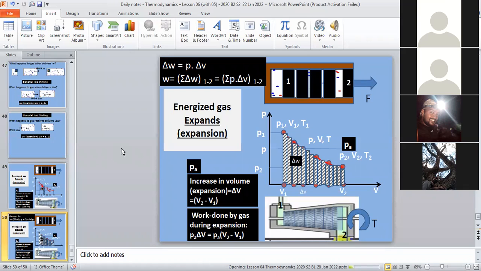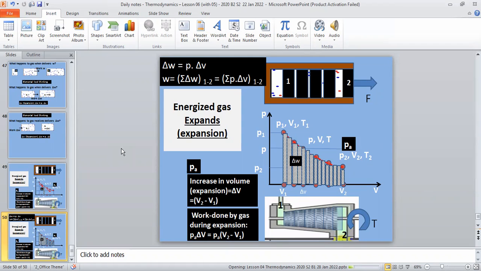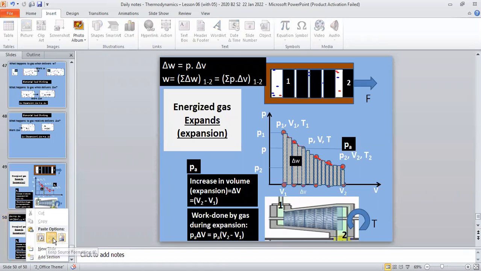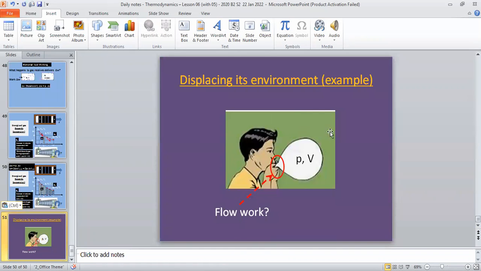We have done a very good study, learning out of this, displacing environment, and we have learned a lot of that.